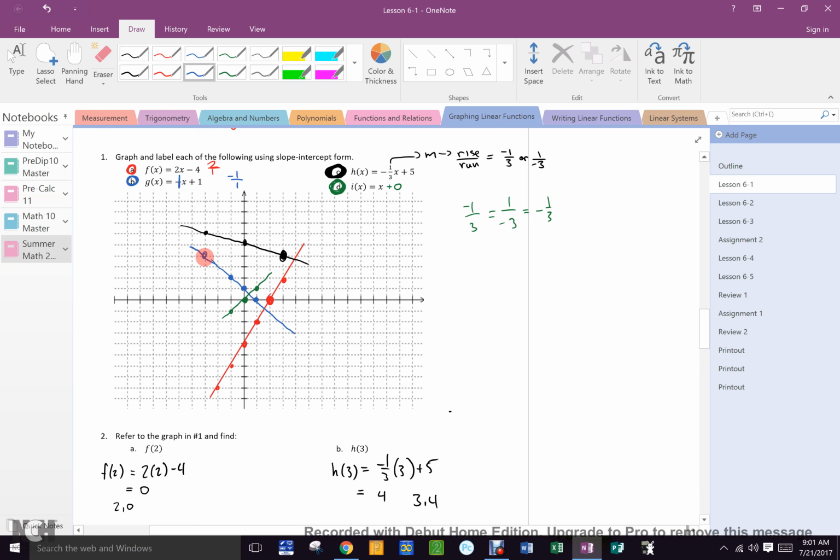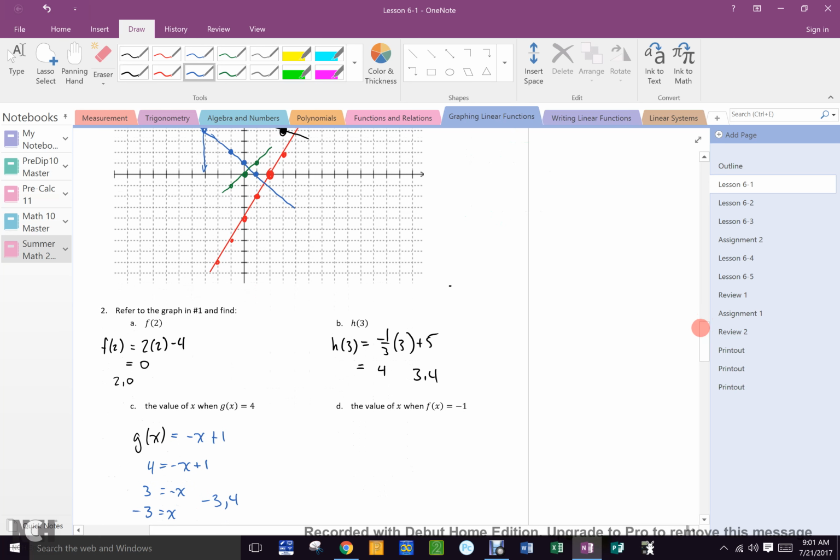Could I find it on the graph? Yes. I would go up to 4, I would go across, and I would find the negative 3. Can everybody do both? And on this one, the f of x is negative 1. F of x was the red one. F of x equals 2x plus 4.